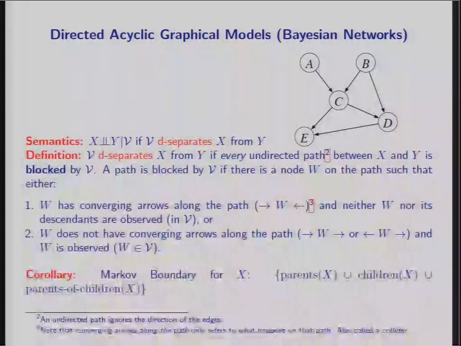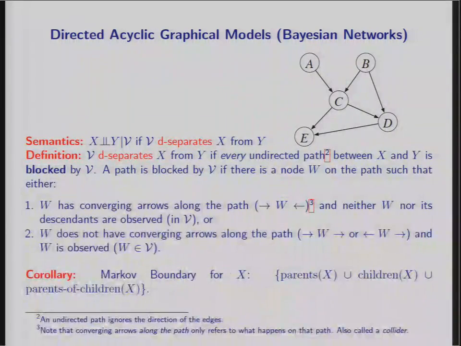X and y are some nodes in the graph, and v is some set of nodes. And that occurs when the set of nodes v separates x from y in the graph. So D separation stands for dependency separation in a directed graph.